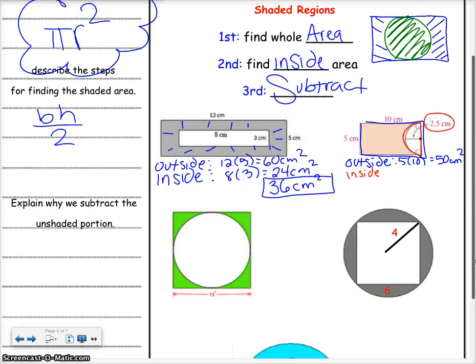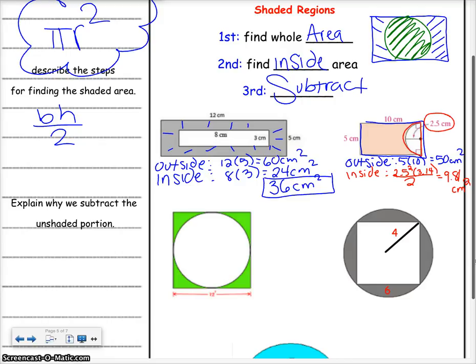So it's 2.5 squared times 3.14, and I'm only taking half of it, so you divide it by 2. So I'm going to go 2.5 times 2.5 times 3.14 divided by 2 is 9.8. I'm going to just round to, maybe we'll do 9.81. Doesn't really matter.